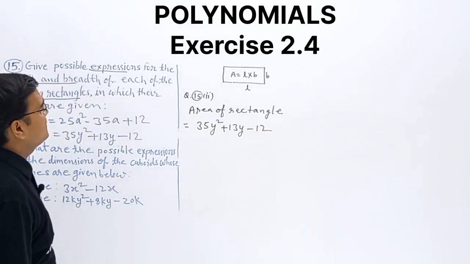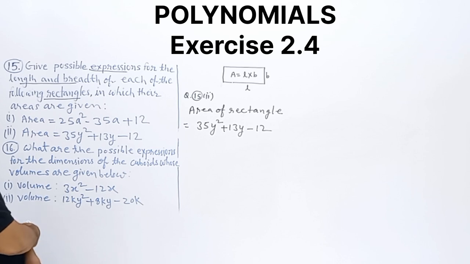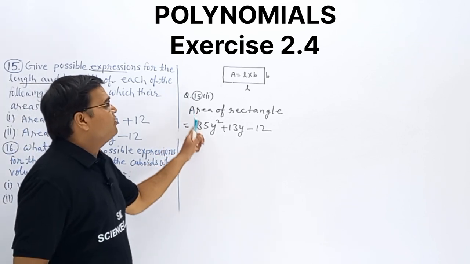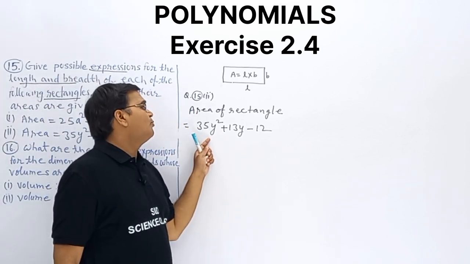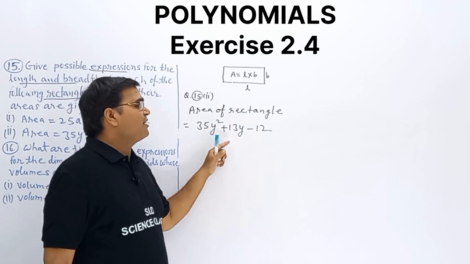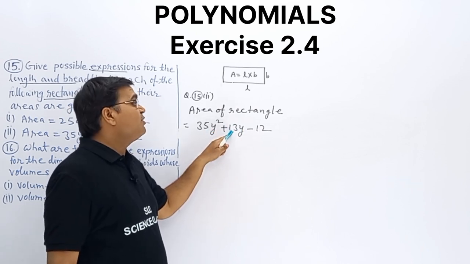Now we want its factors. The area is in quadratic polynomial form, so we will factorize it by splitting the middle term.